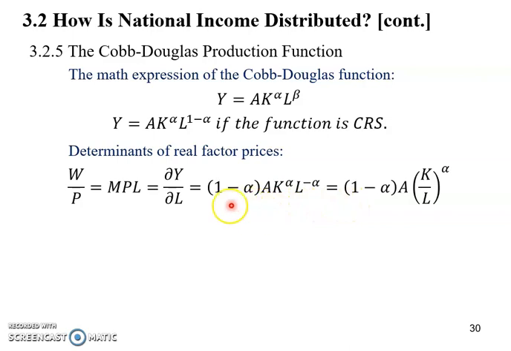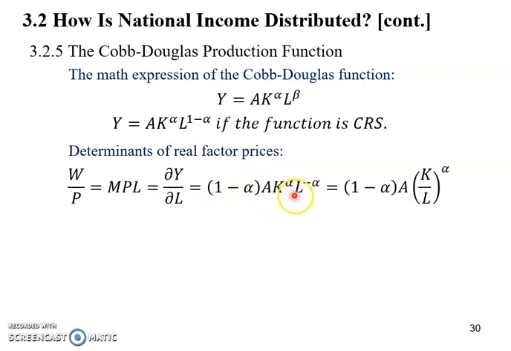So basically, when we look at this CD function, for the parts without L, without labor, we said that we're going to hold them constant, so we simply copy them here, A K to the power of alpha. For the part with L, like L to the power of 1 minus alpha, we copy this exponent and put it in front as a constant, 1 minus alpha.